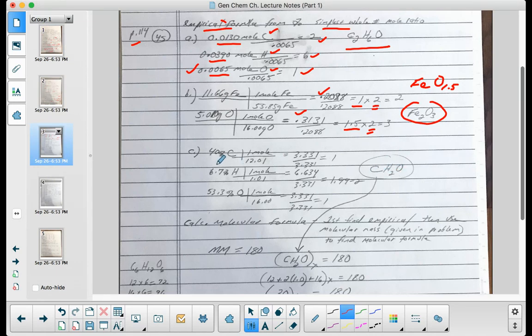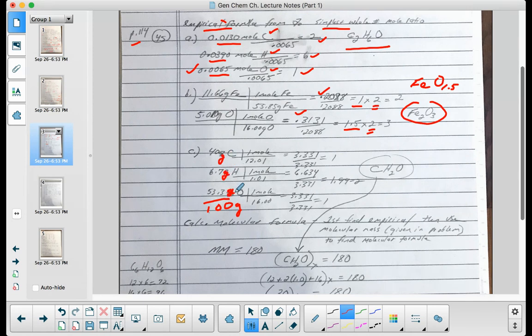And so then here's an example where I'm going from percentage to the simplest whole numbered mole ratio. So let's say my compound of carbon, hydrogen, and oxygen is 40% carbon, 6.7% hydrogen, and 53.3% oxygen. So what do I do in this scenario? Well, first of all, I'll note that this adds up to 100%. Therefore, I can just assume that it's out of 100 grams. And I can call each of these values, instead of percent, I can just assume that they are gram values.